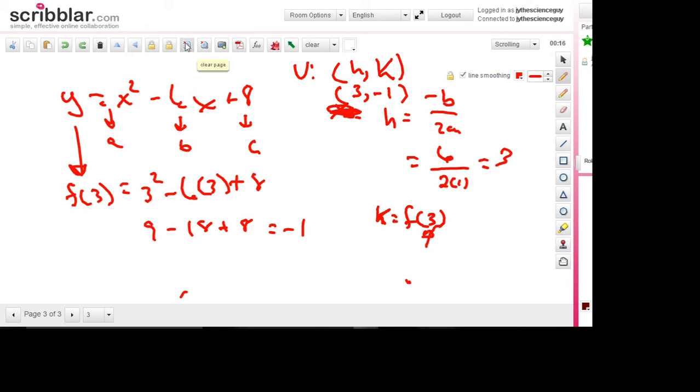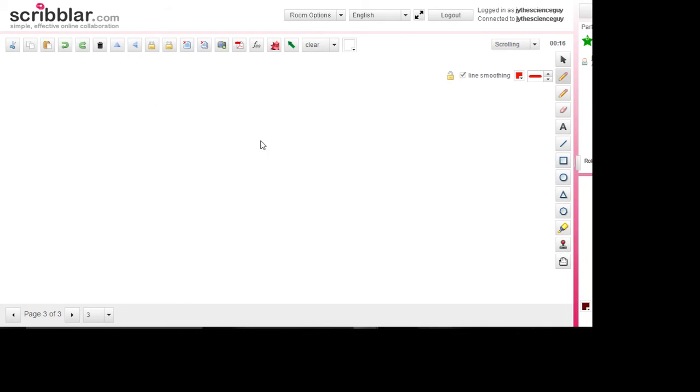Now, what if you have something that looks like this? Does that factor? Is there some multiple of 20 that adds together to give you 4, or subtracts from one another to give you 4?